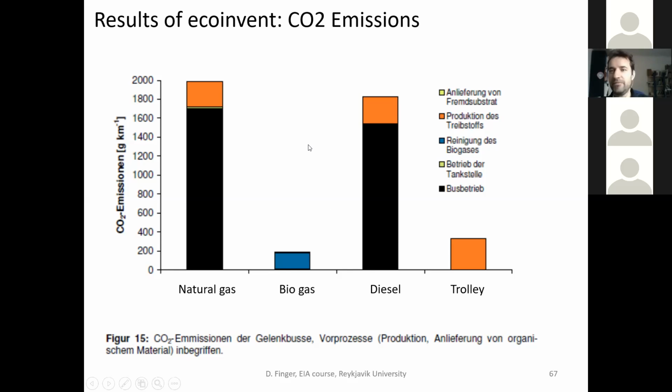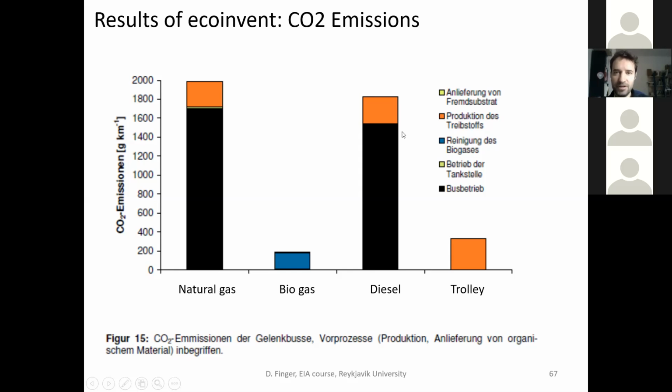This would be the same for Reykjavik City. If Reykjavik City were to run on biogas from Sorpa, because it's methane produced from a waste stream and from biomass, it can be considered carbon neutral, and you could argue that only the CO2 footprint from the cleaning of the gas and the operation of the filling station can be attributed to the operation of the bus.